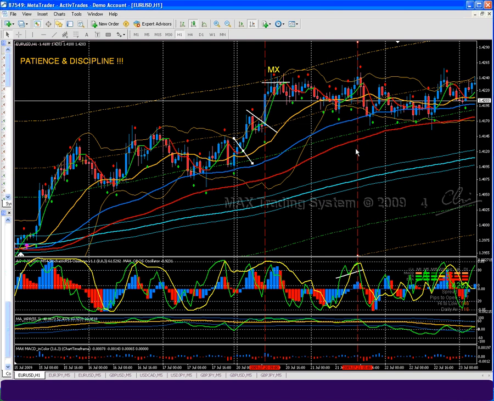But look where the rejection has been made, where the price begins to retrace, right on the Tiger tunnel. Isn't this extraordinary? So you know that when the price retraces from that level, because it doesn't succeed to cross up the Tiger tunnel, you have to quickly exit from your trade, whether it will be an MX or an XXX. You know how to make the difference between an MX and an XXX.